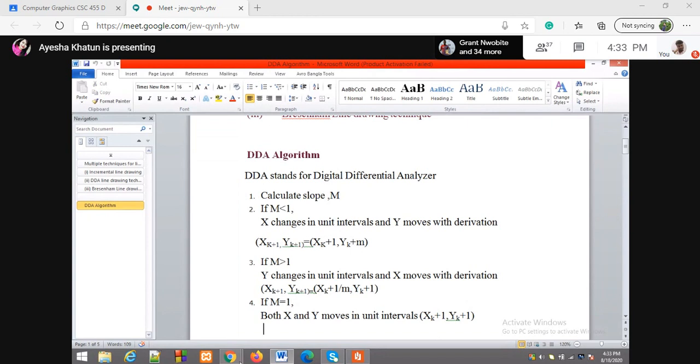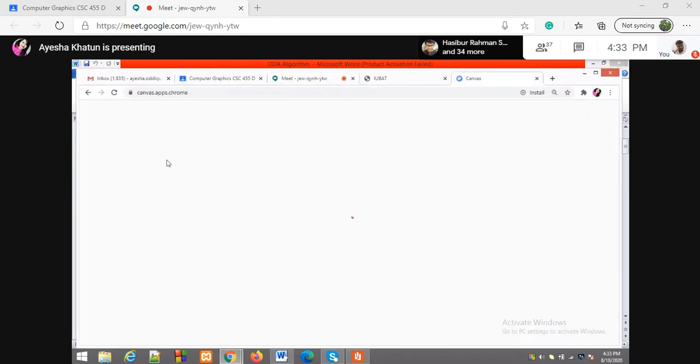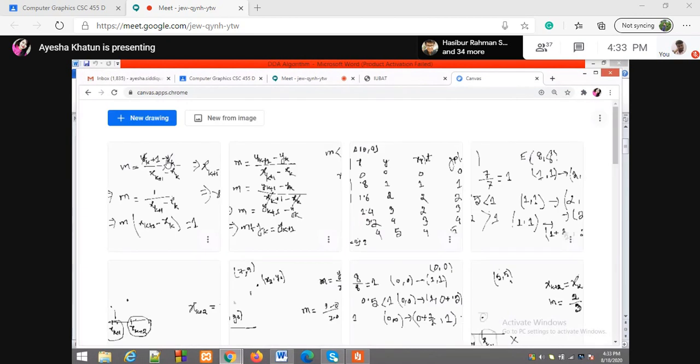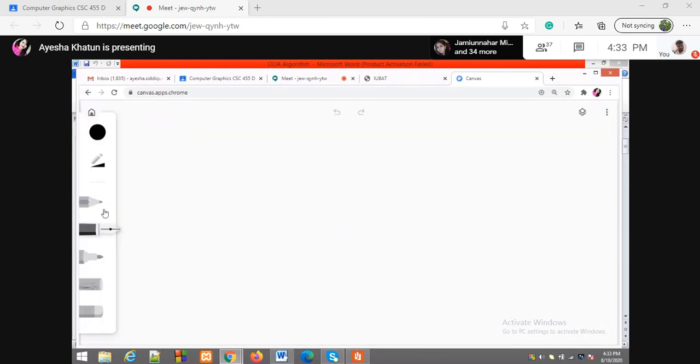So see, for the first case, case 1 where m is less than 1.